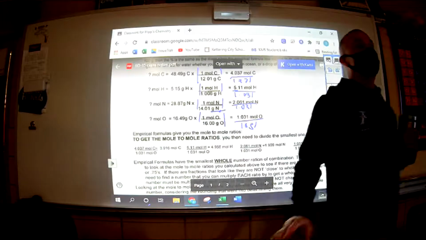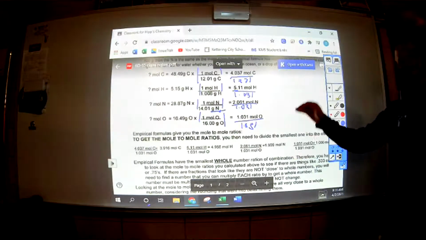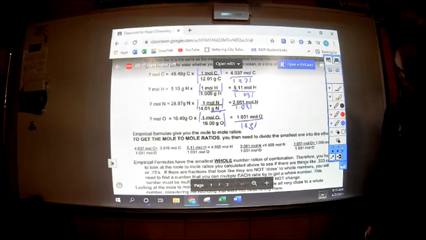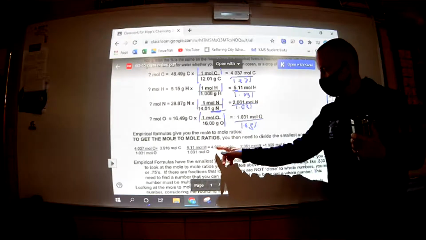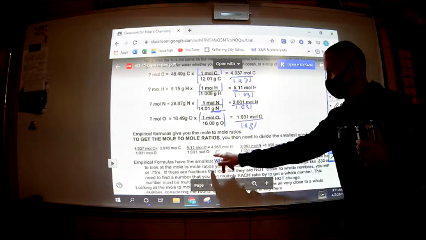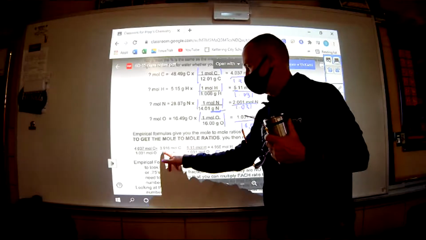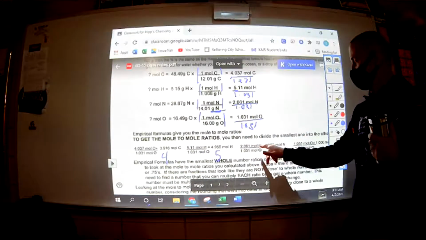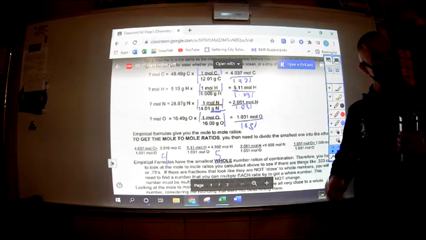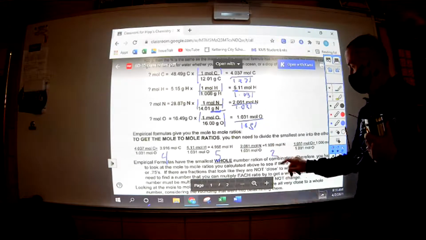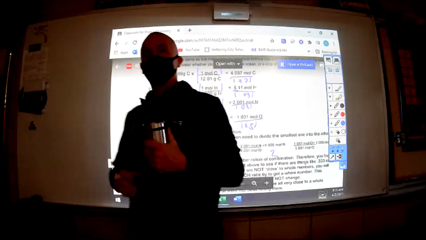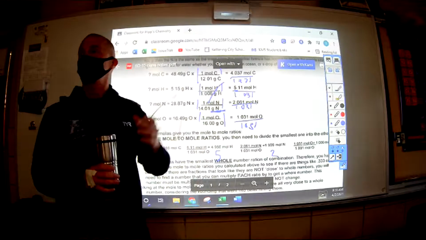Now, those numbers are not going to come out to exact whole numbers. 4.956 is very close to what? That is very close to 5. 3.916 is very close to what? 4. 1.999999 is very close to what? 2. Why are they not coming out to whole numbers? We were using data acquired from what?